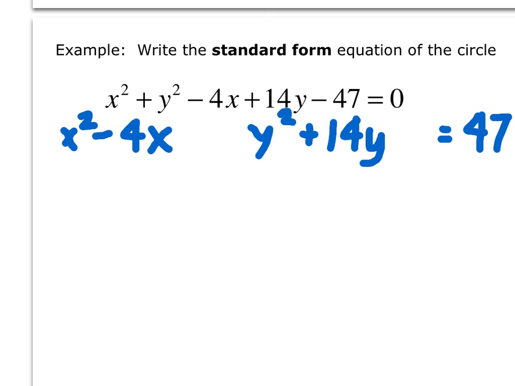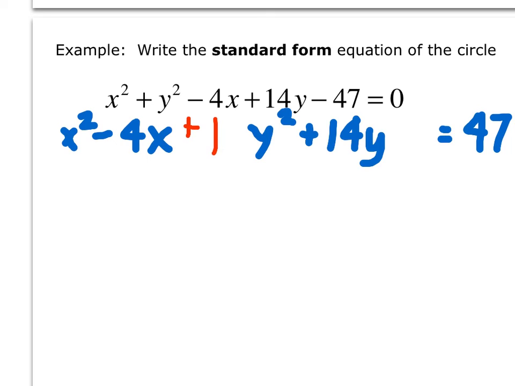If you remember, on completing the square I look at the x's first, and the number I focus on is the 4. That's the linear term. I take half of that value. So half of negative 4, of course, is negative 2, but then right away I square it. So negative 2 squared is 4.